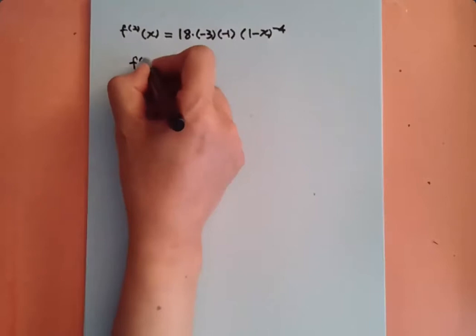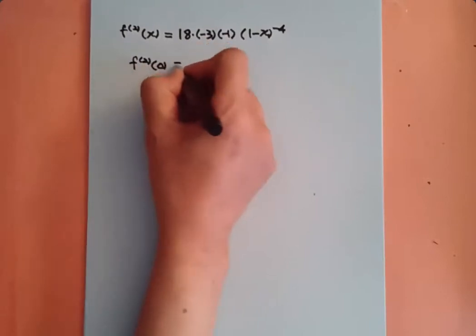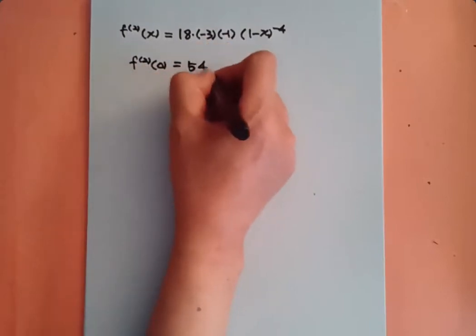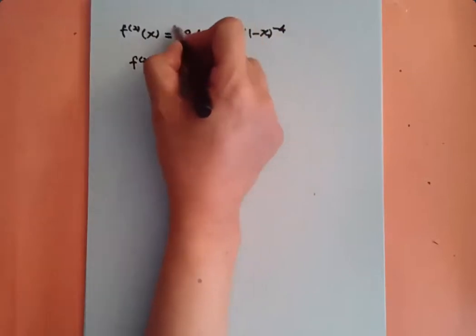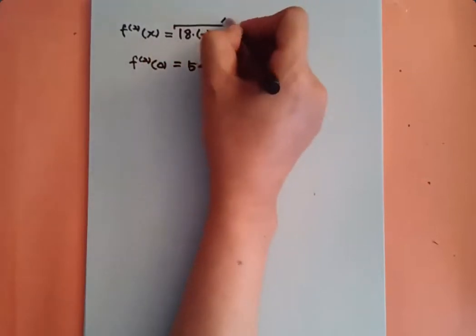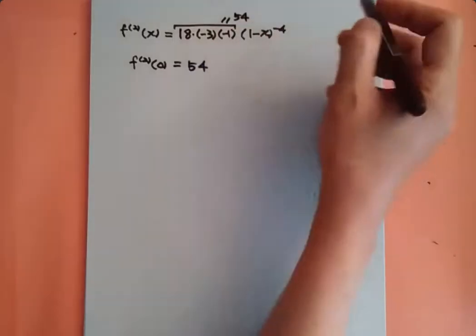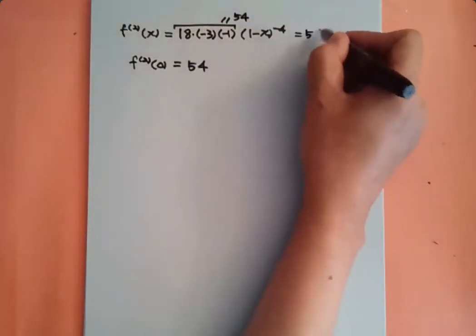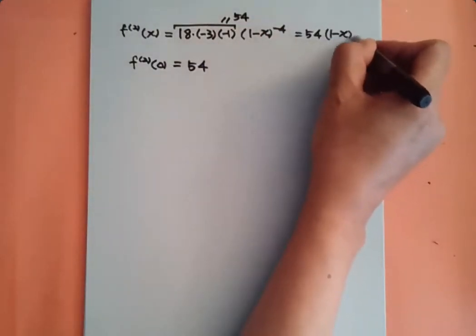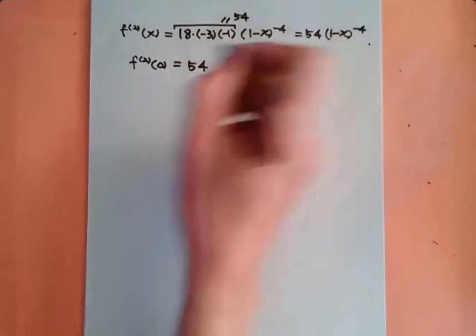So the second derivative at 0 equals 54. So 54 times (1 - x)^-4.